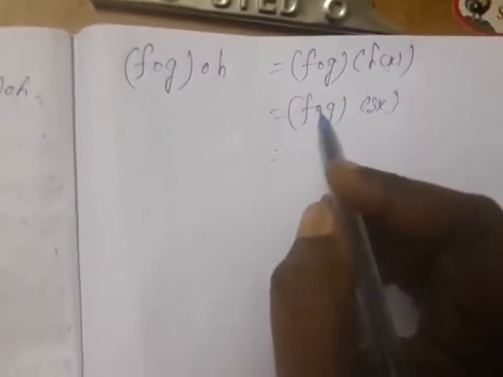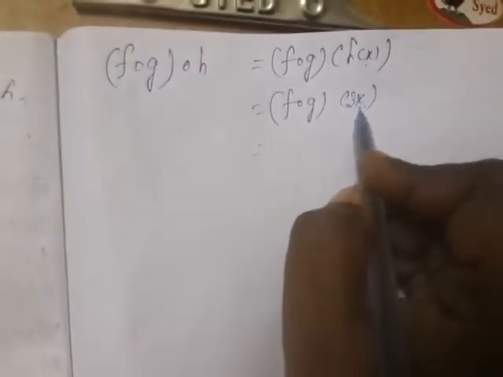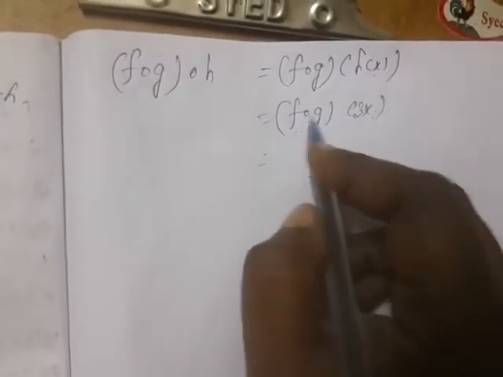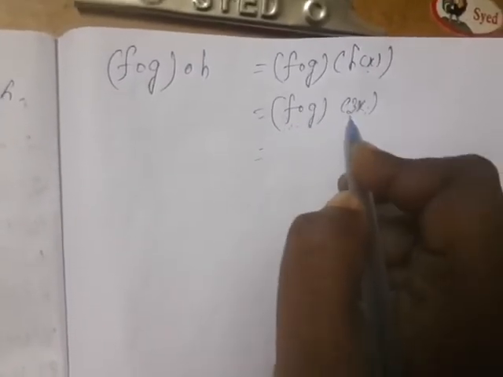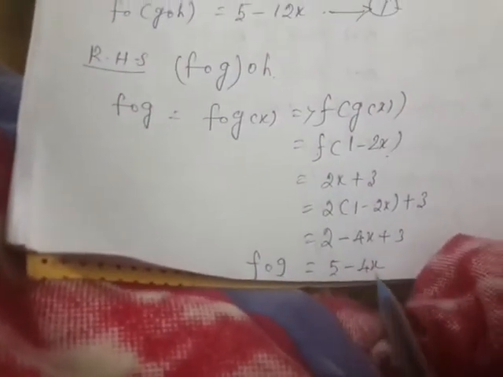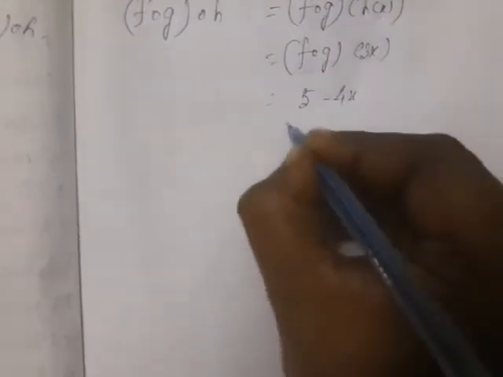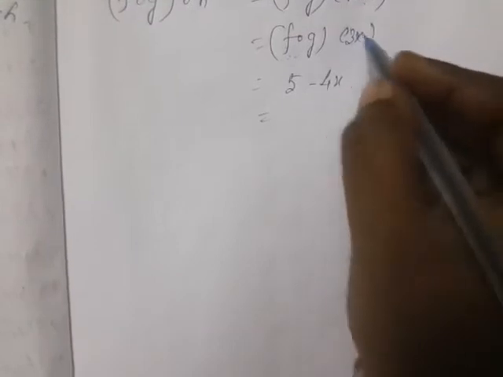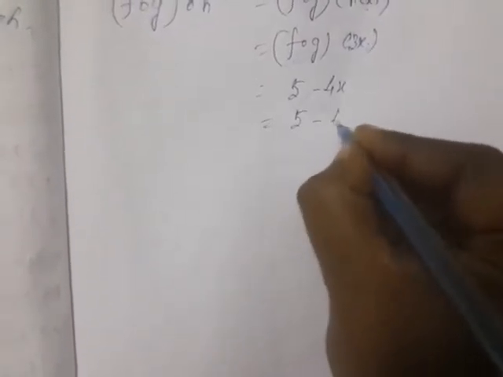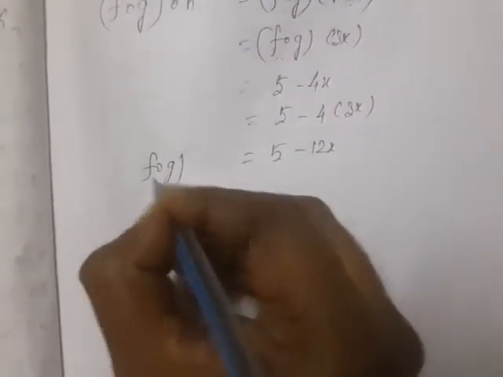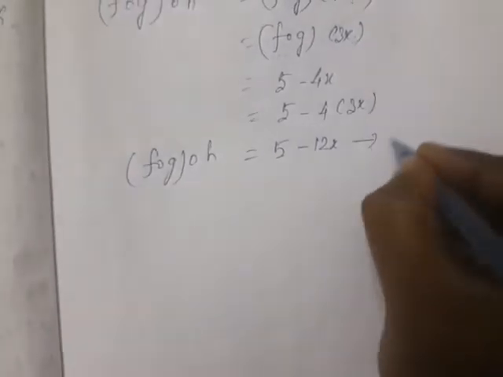Just before, we found f composite g of x is 5 minus 4x. So here, instead of x, I substitute 3x. So 5 minus 4 into 3x, which is 5 minus 12x. This is f composite g composite h, and this is equation number 2.